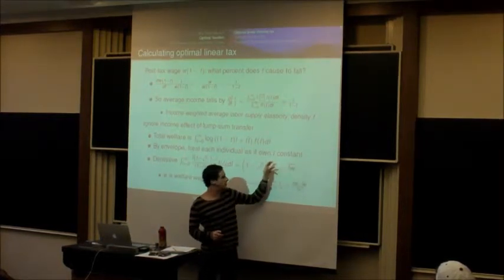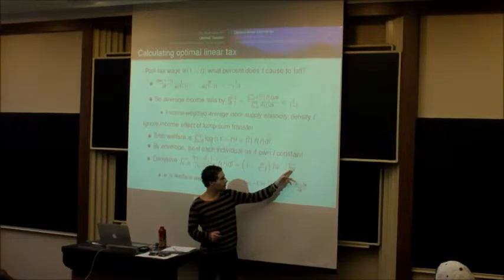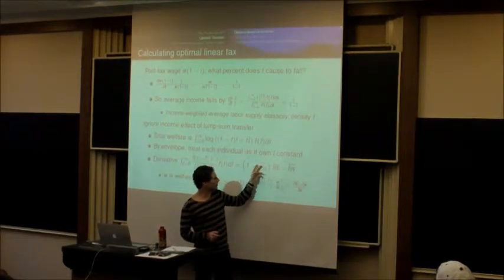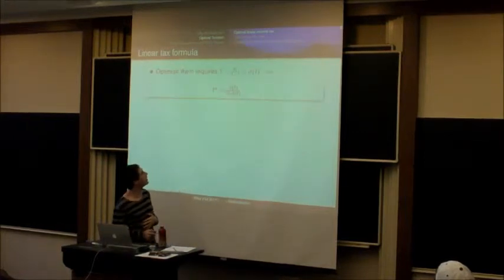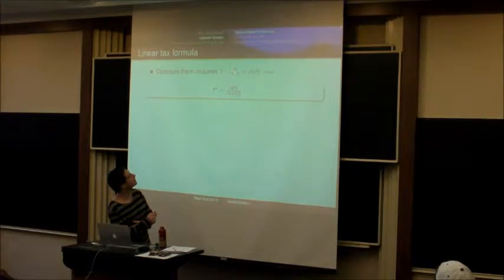Divide through by I bar, subtract this off, and you get that 1 minus the tax rate times the average elasticity over 1 minus the tax rate is equal to sigma.